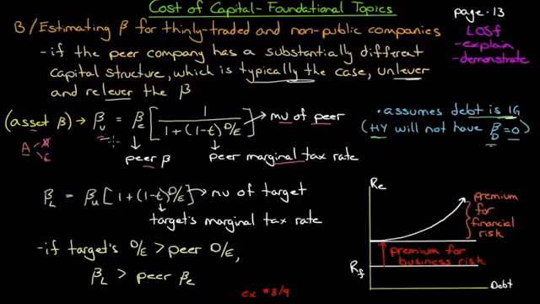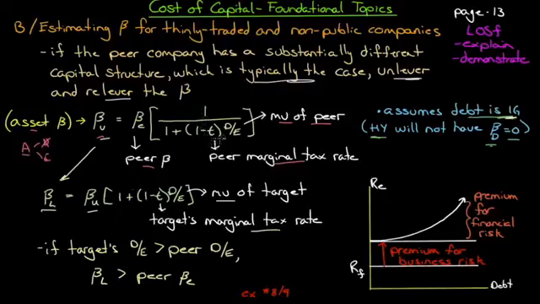Once we have the asset beta, we can then relever it to get to an equity beta for the target company. So there's the unlevered beta, and then we just multiply it by the denominator here using the target's marginal tax rate and the target's market value of debt and equity, and you will get a levered beta. I'm just going to erase some things so that you can see the algebra of how we get to this equation, from this equation down to here.